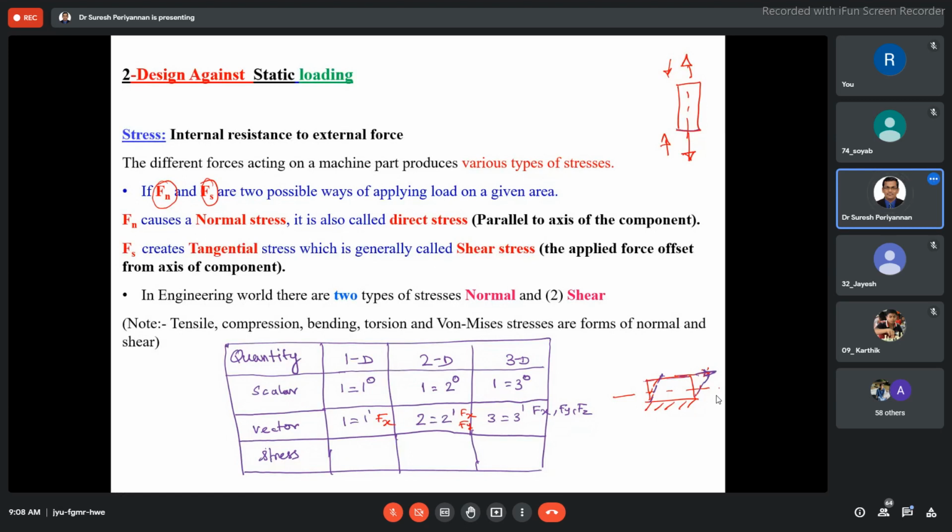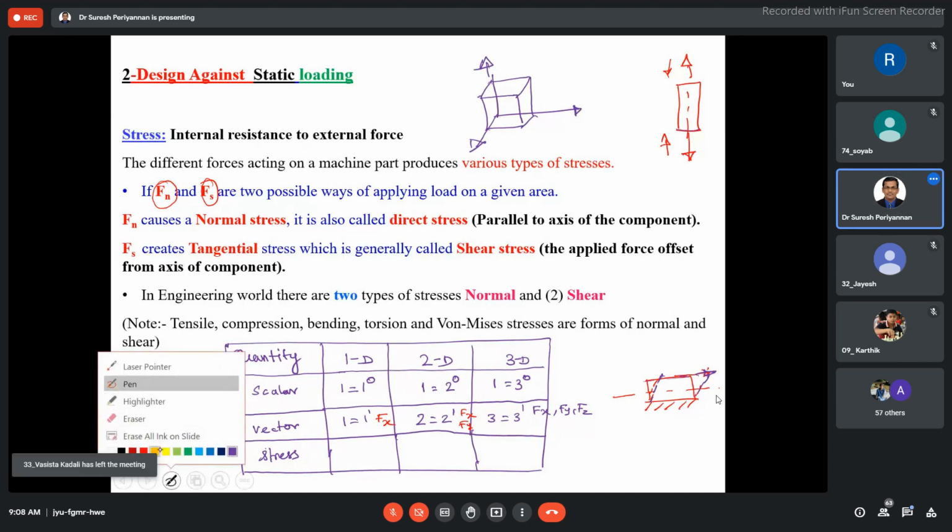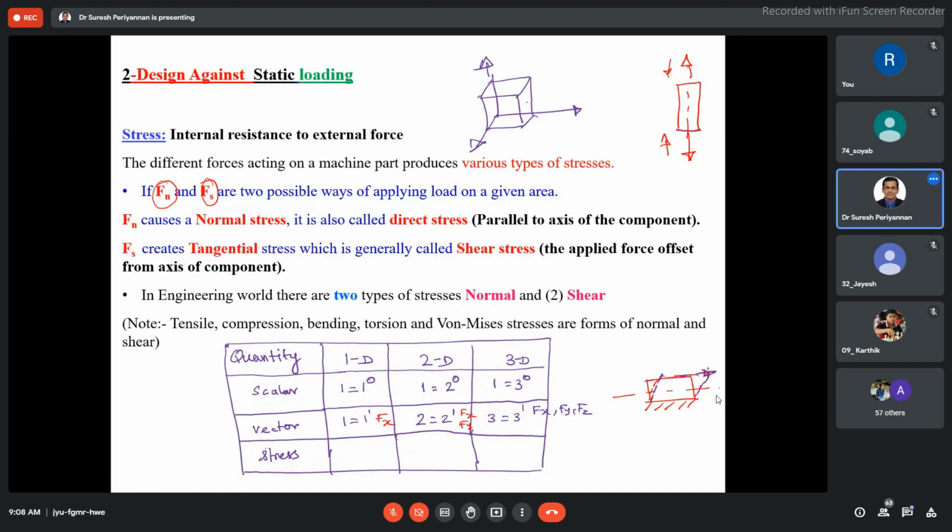Okay, now stress, I draw a simple diagram here like this. This is my cube. This is x, y, this is z now.